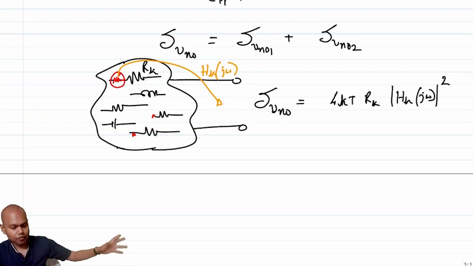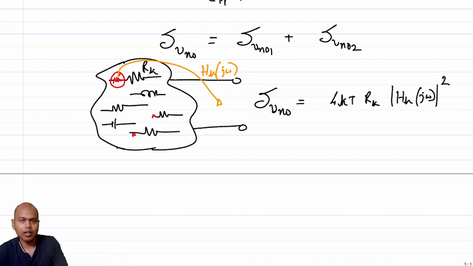If you have n such resistors, you will do 4kT R1 times mod of H1 whole square plus 4kT R2 times mod of H2 whole square, and so on.